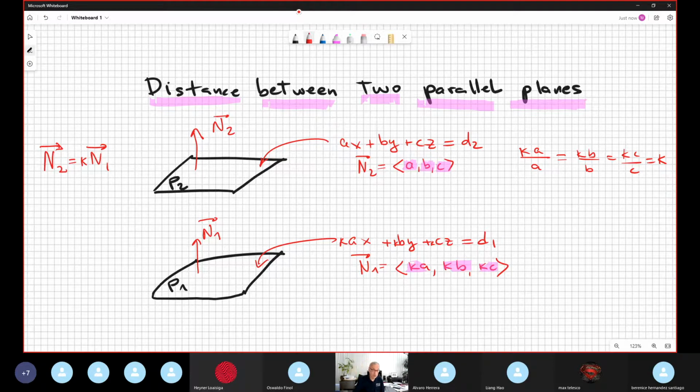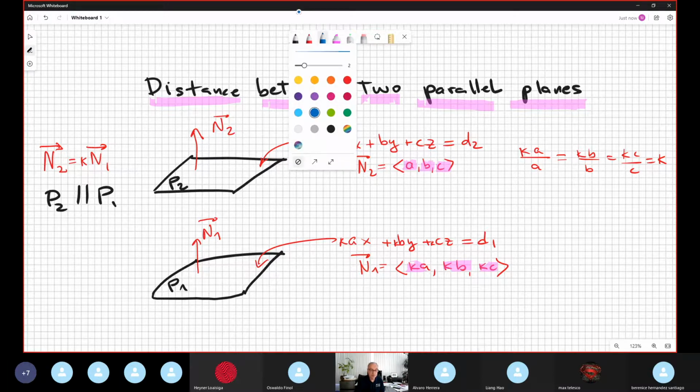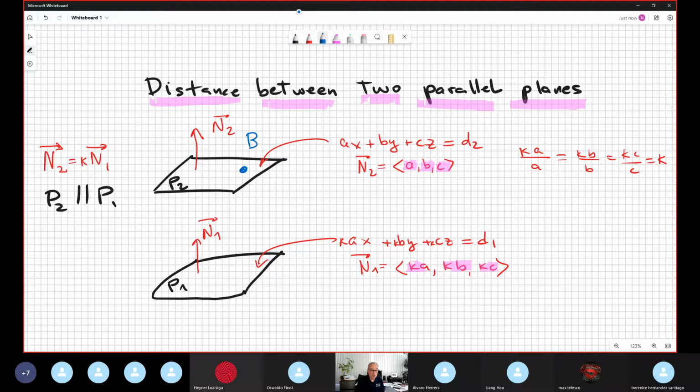Therefore, the planes P2 and P1 are also parallel. P2 parallel to P1. Okay, so you select a totally arbitrary point on the plane that I want to call B, and another totally arbitrary point on the other plane that I want to call A.